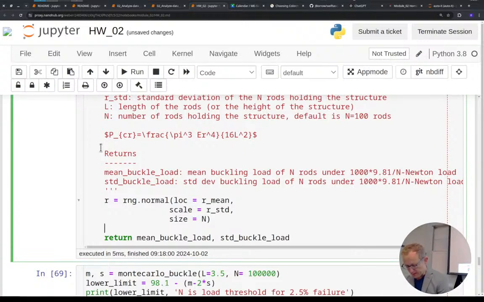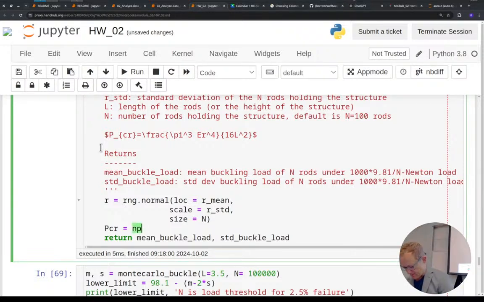Now my buckling load, I'm not going to use a random number to generate that critical buckling load. I want to use the random R's to calculate what all those random buckling loads are.